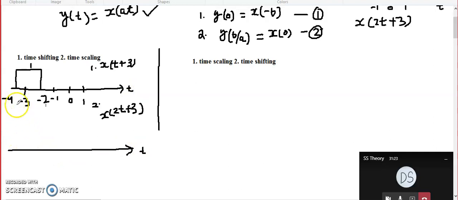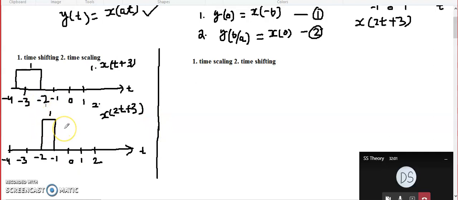So what is at minus 4 will become minus 2, and what is at minus 2 will become minus 1. This signal will be x of 2t plus 3. So this is the first situation.